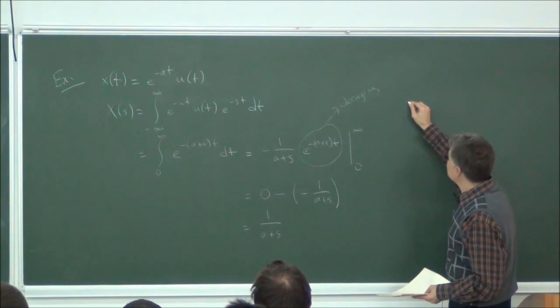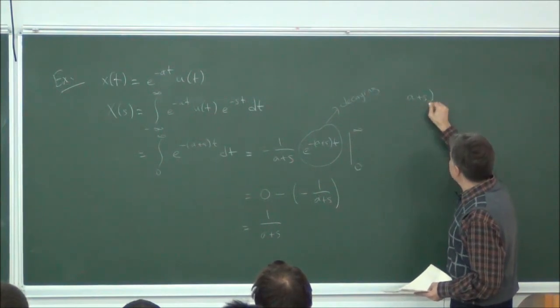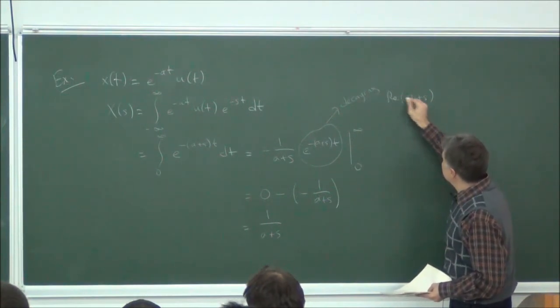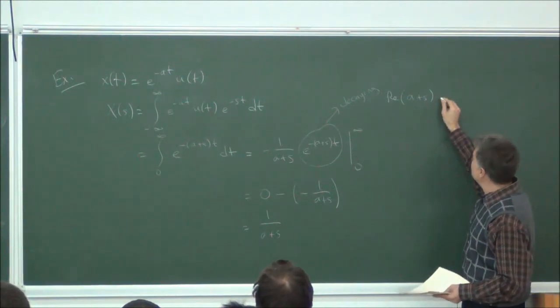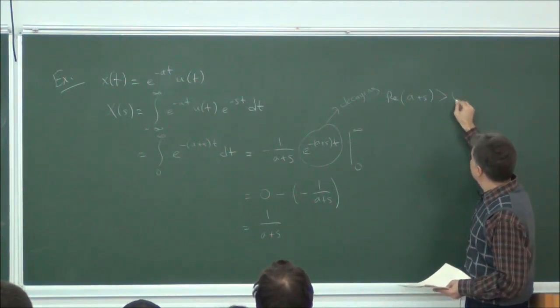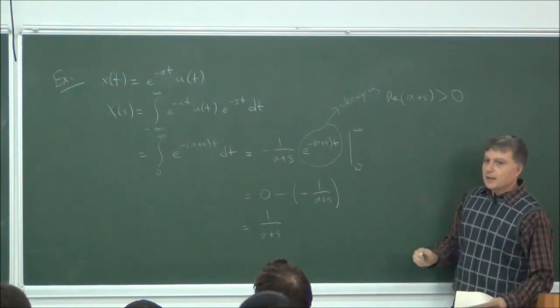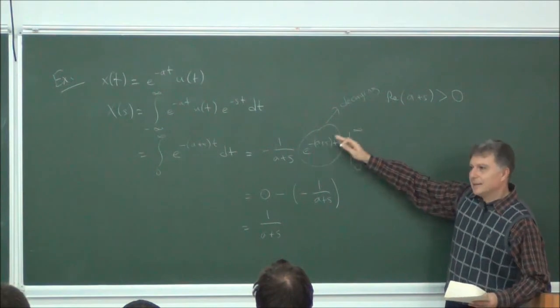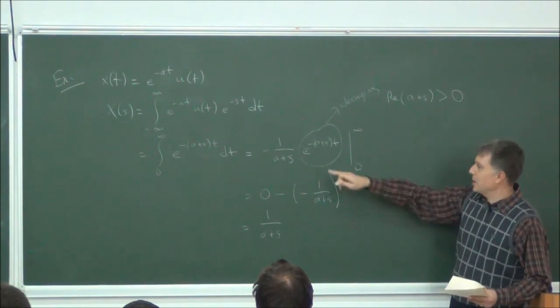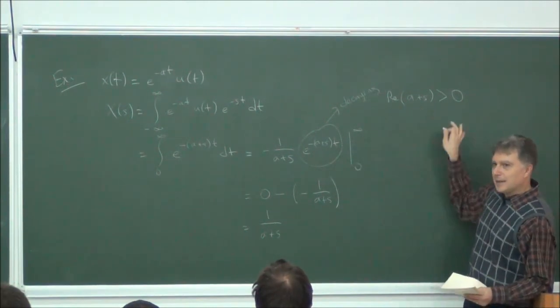It decays as long as the real part of a plus s is positive. Then e to the minus that thing will be a negative exponential, and it will decay.